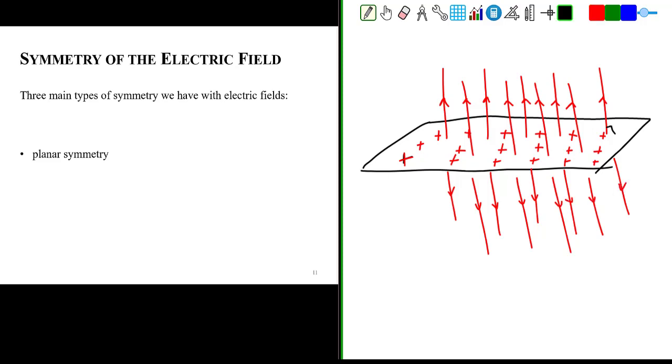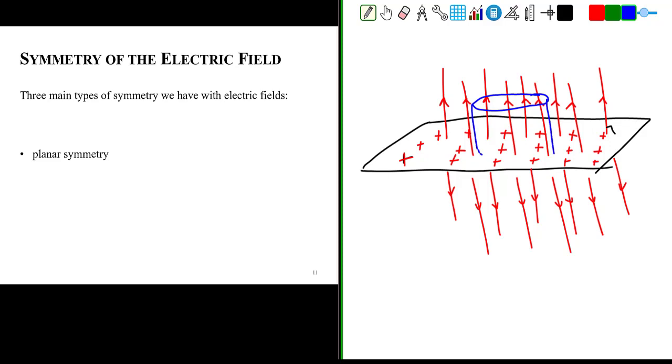Now, if we were to create, let's say, a Gaussian surface that matches this planar symmetry, so let's take two planes that are parallel to this sheet of charge. I'll just choose a cylindrical box. So this cylindrical box has a top surface.